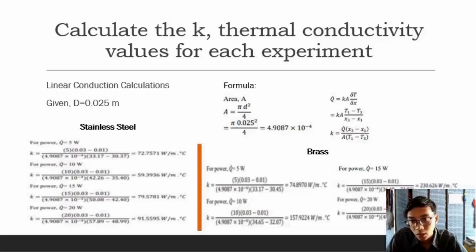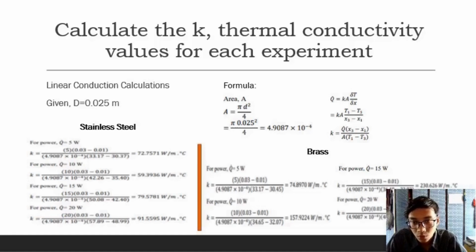So we have the formula for K, the thermal conductivity, which is Q multiplied by x3 minus x1, divided by area multiplied by T1 minus T3. For stainless steel, we got Q as 5 watt.